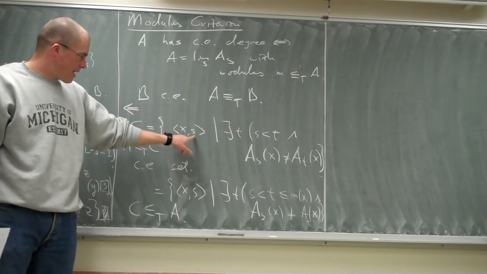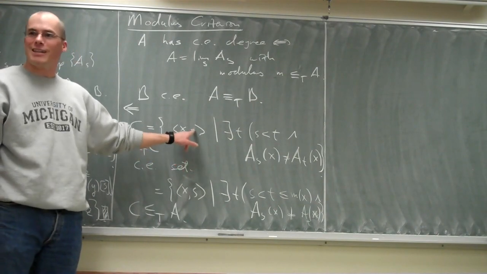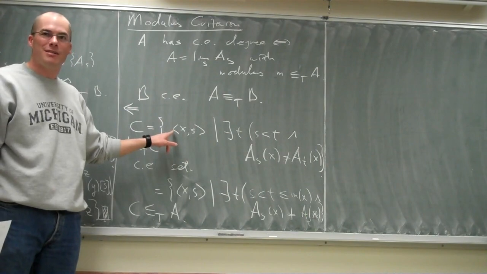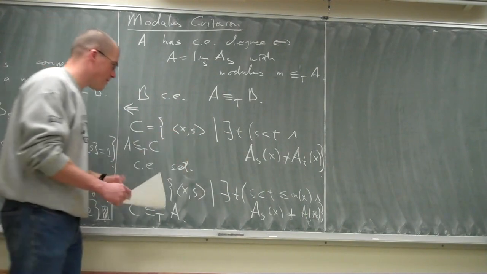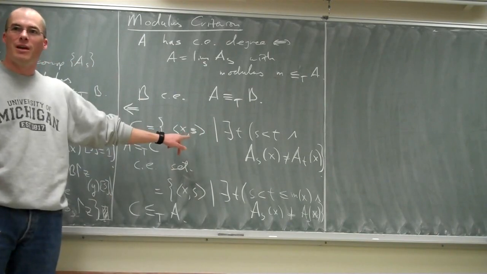So I guess what I'm saying is in the second coordinate you have finite initial segments. For every x, there is a finite initial segment of the natural numbers which appears in the second coordinate.